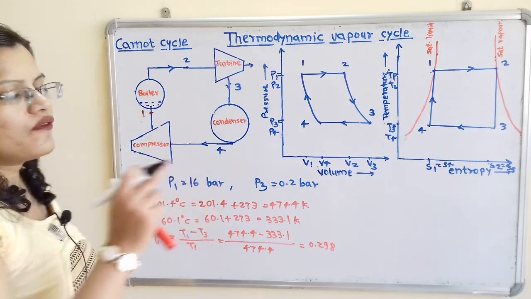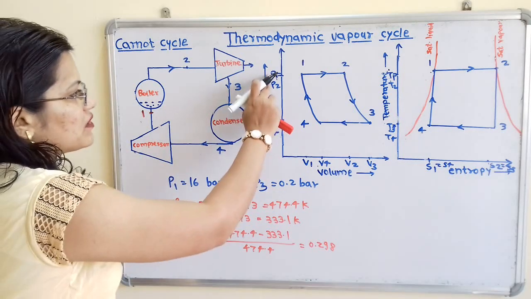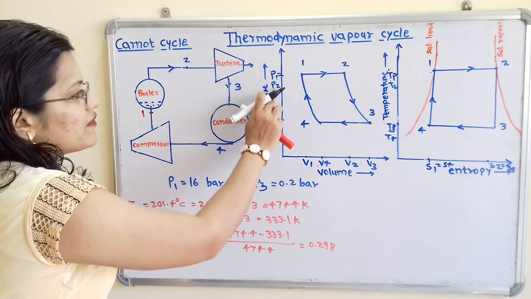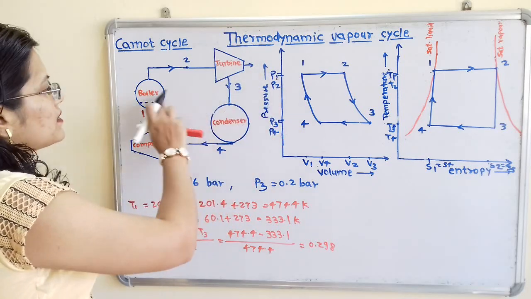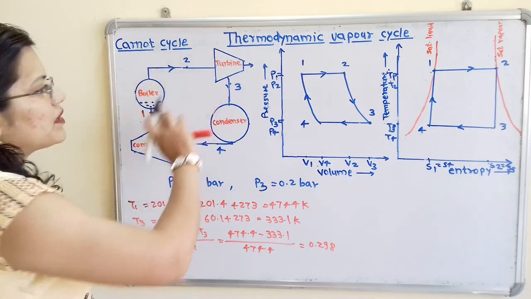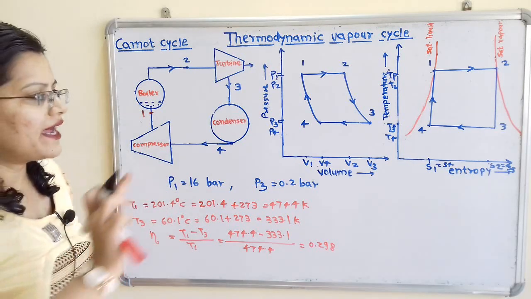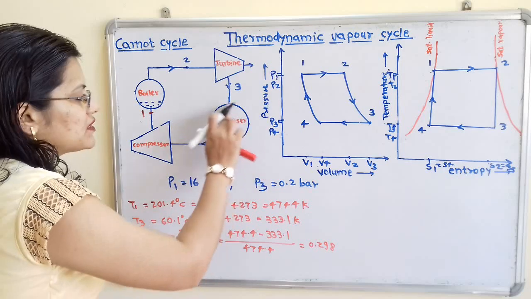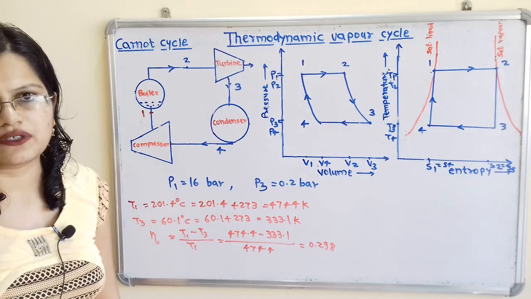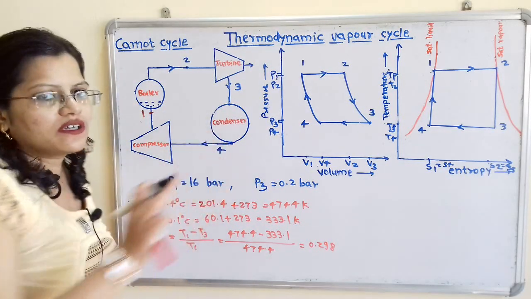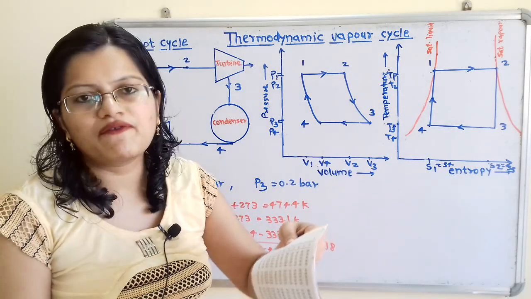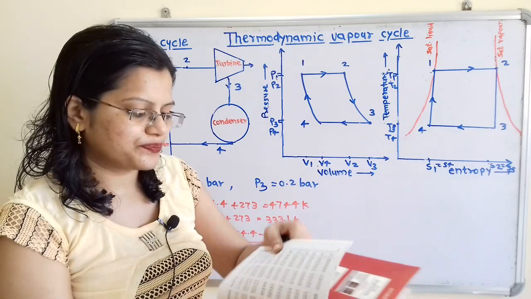So we have to first find out the temperature corresponding to these pressures. That is this pressure P1 which is equal to P2, and this pressure is nothing but the boiler pressure. And here the pressure P3 which is equal to P4, and this pressure is nothing but the condenser pressure. So for this pressure we will use the steam table, that is the pressure table, and we will find out the temperatures.